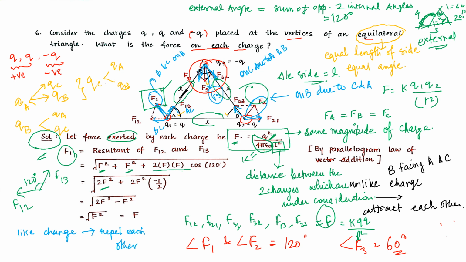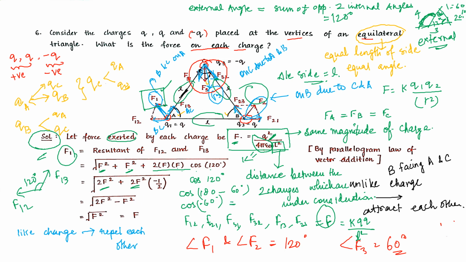This 2FF will be 2F square once again, and cos 120 degrees is cos of 180 minus 60 degrees, which will become minus cos 60 degrees.